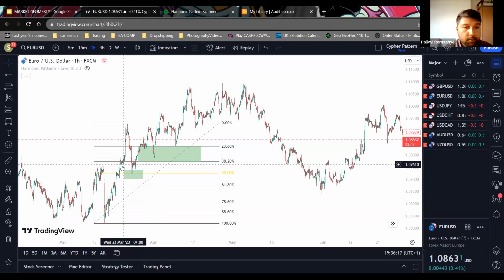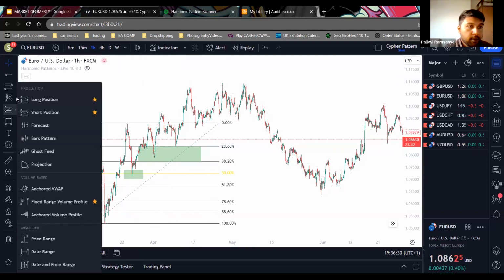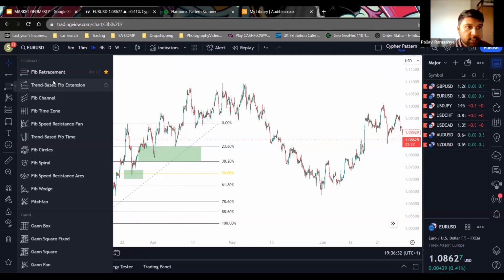Let's say we place our stop loss before 38.2. At this point, price has then shot up. We can then take partials. We can then do a quick calculation for the expansions and extension tool.